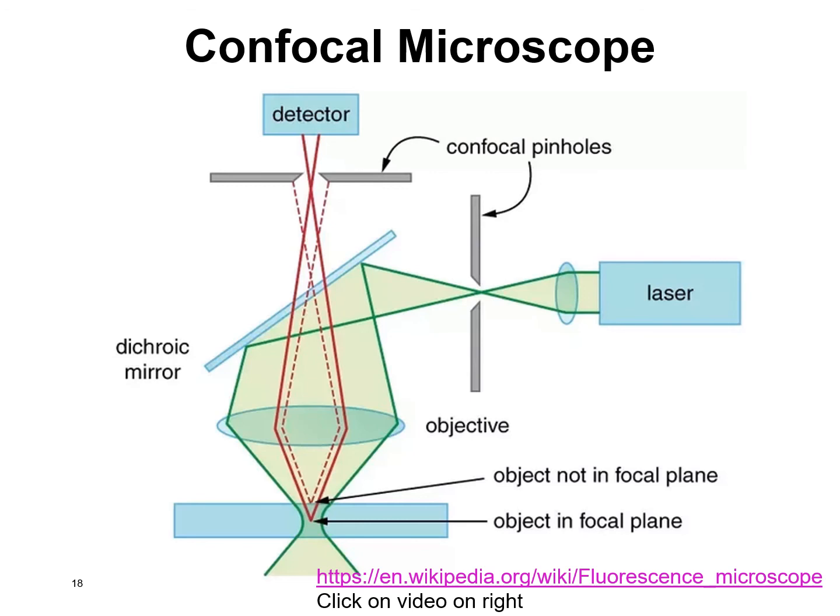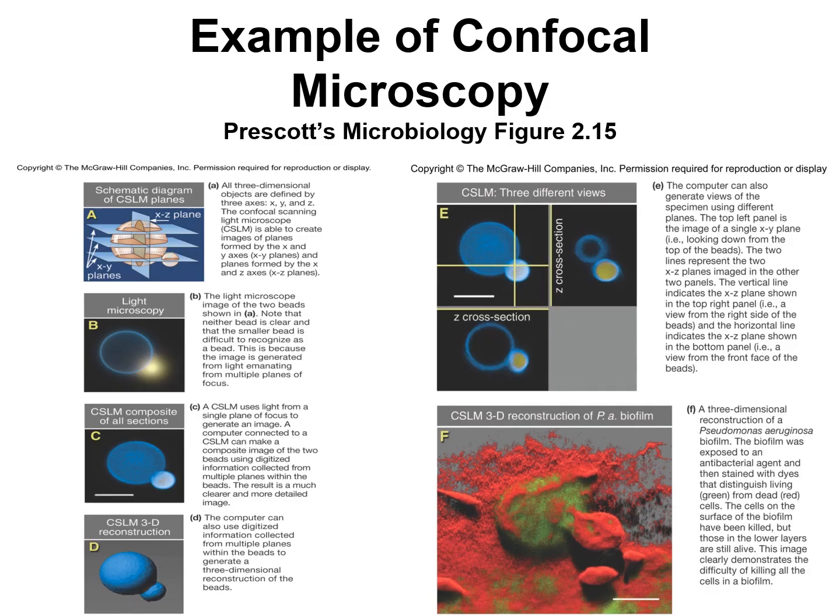And so we'll just focus on different planes, and then the computer will then take each plane of focus and put all those together to make the three-dimensional image here that we're looking at.